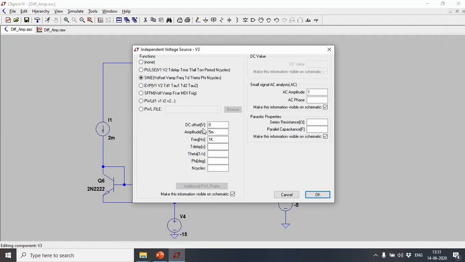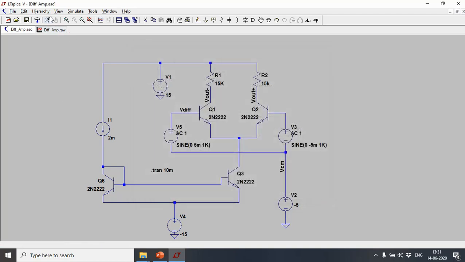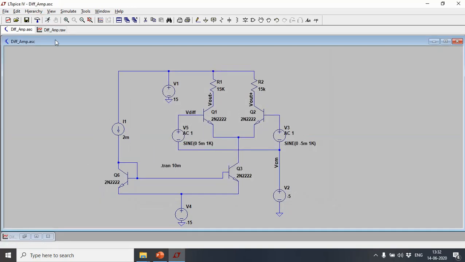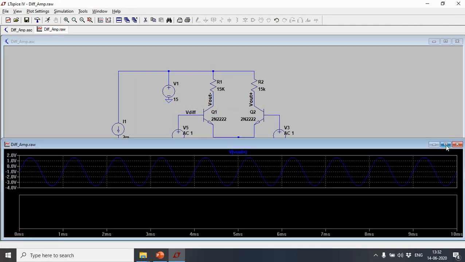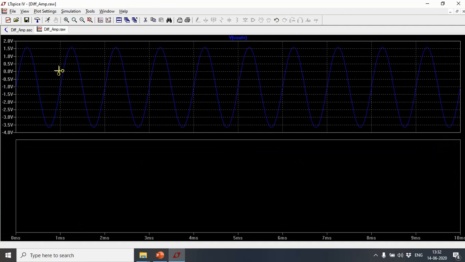Now let me do one more thing. Let me put this as minus. They're out of phase now, right? Now you see, once you are doing out of phase, the output goes from minus 4 to 1.